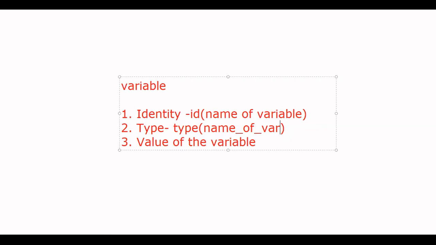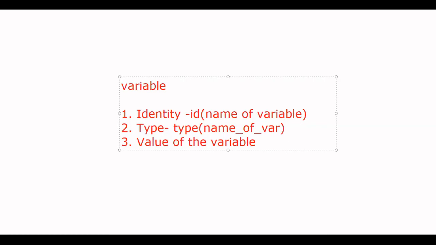Int over here stands for integer. It is an integer type of a variable. And the last one was value. For value, you just have to type the variable name. Then you get the value. So when I wrote marks, I got the value 87.